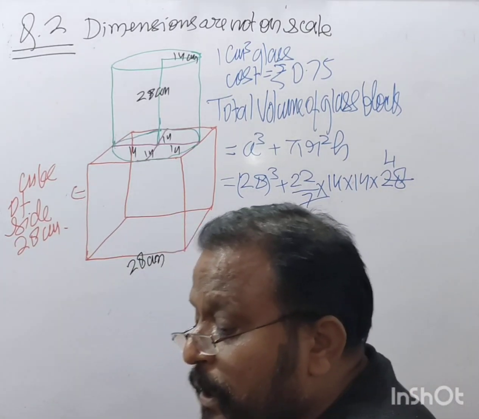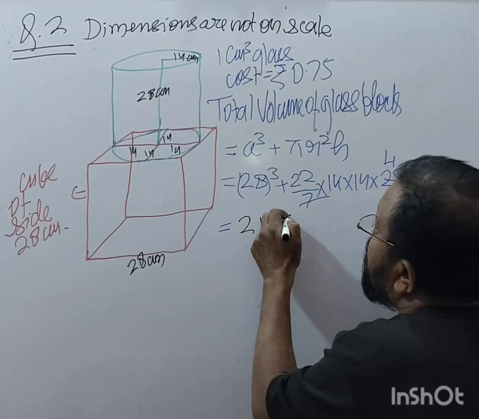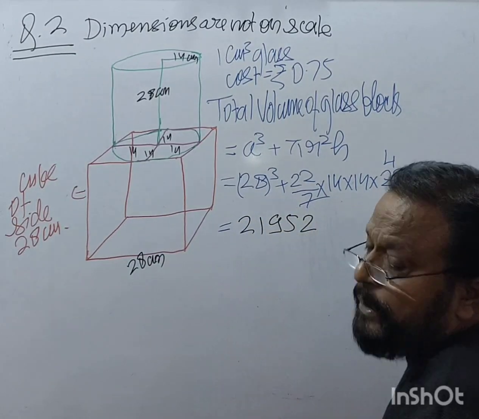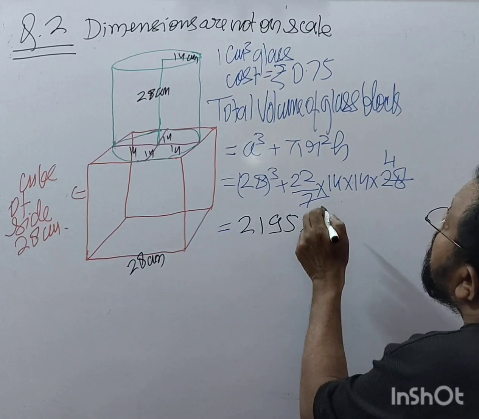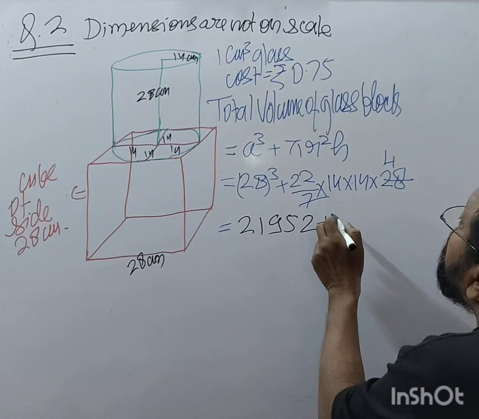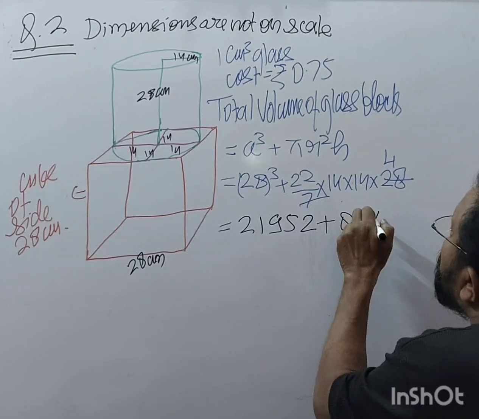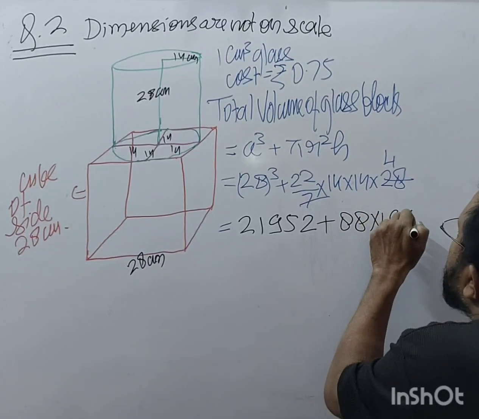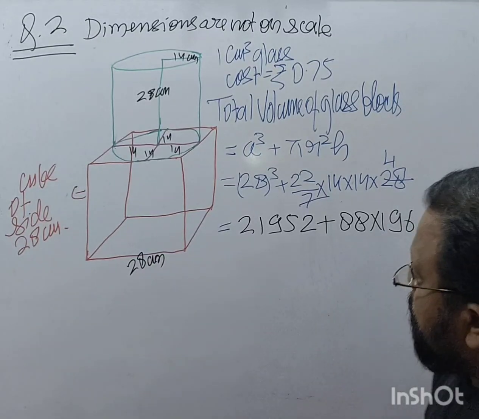It is 21,952, right? Plus 88 into 196 centimeter cube.